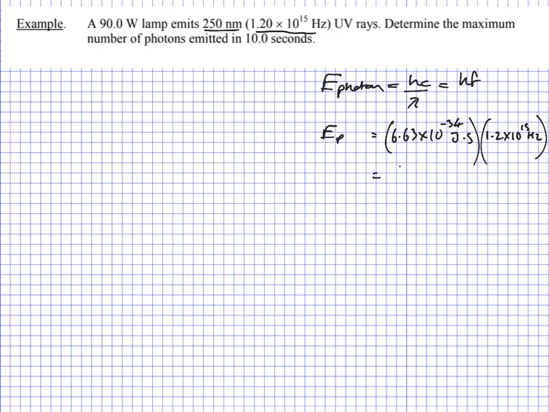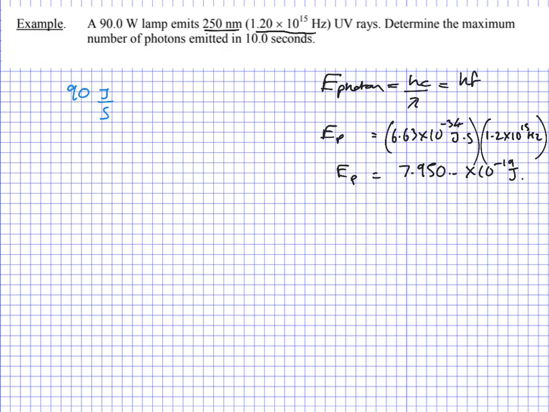That's going to give me the energy of my individual photon. That's 7.950 times 10 to the negative 19 joules. That's how much a single photon has. I'm then told that the lamp is emitting 90 watts. Well, 90 watts is the same as joules per second, and it's left on for 10 seconds.